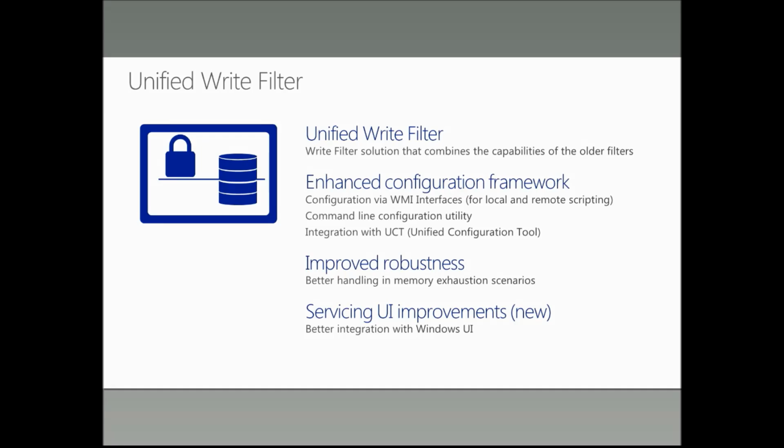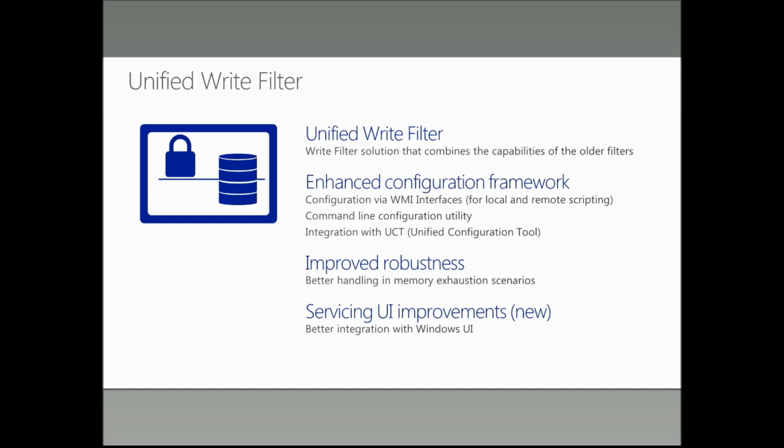A common reason is managing the life cycle of your mass storage if there's a limited number of writes. But another common reason is to ensure that every time you boot your system, it boots into exactly the same state, because the writes to the hard disk will be stored in RAM and wiped out every time you reboot. That's some of the configuration and options that we can do with the Unified Write Filter.